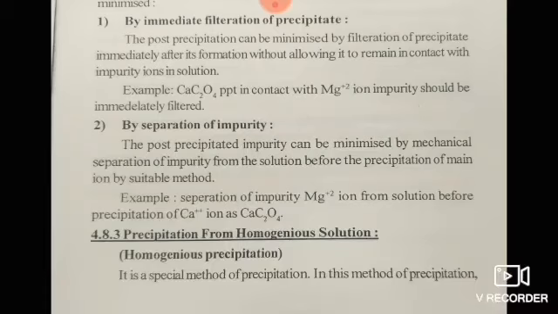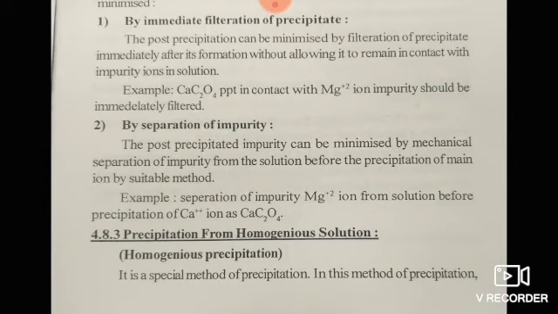After that, the magnesium 2+ will not come in contact with the calcium oxalate, so it restricts the formation of the magnesium oxalate precipitate.